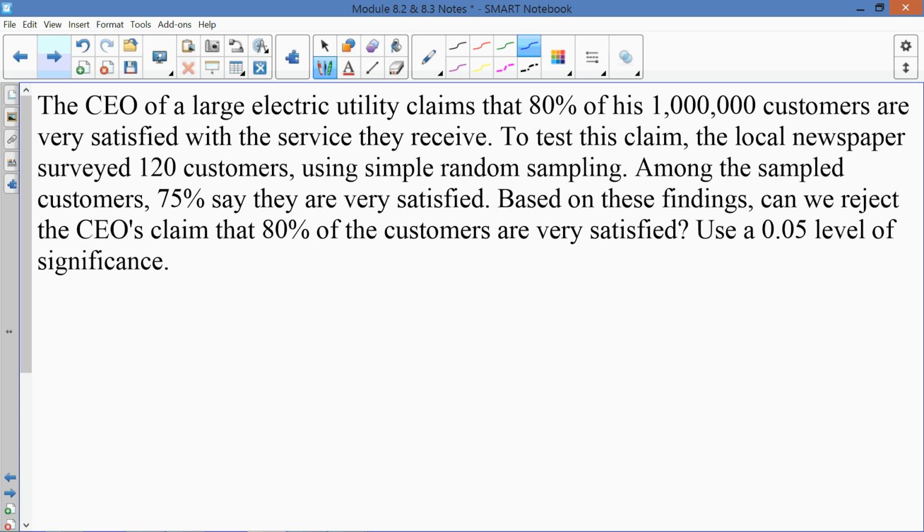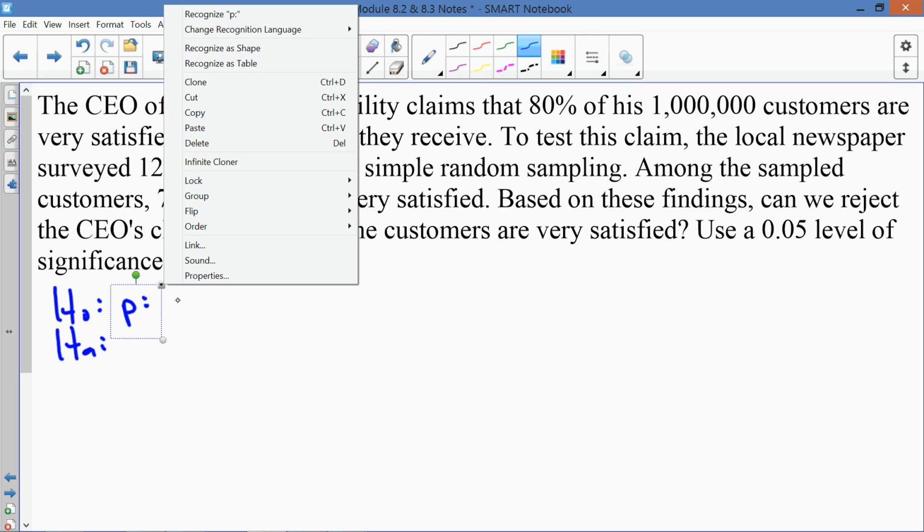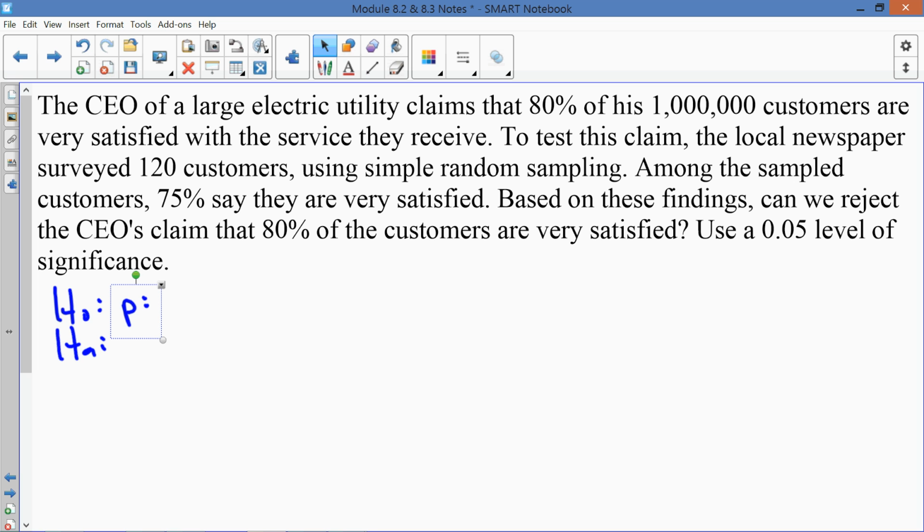I don't know, but let's set up our hypotheses, and then you use the calculator to get a p-value and test it. All right, well, the null hypothesis would be that he's right, that there is no difference in this sample. So that would be that p is equal to 0.80.